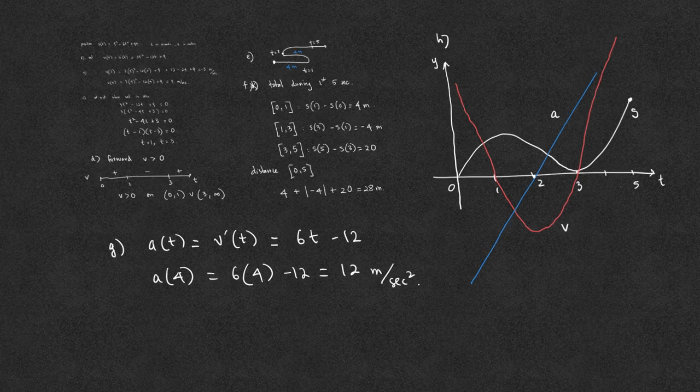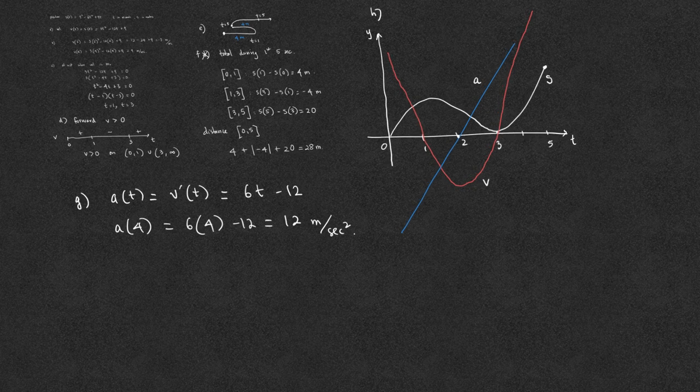And then lastly, when is the particle speeding up and when is the particle slowing down? The particle is speeding up when the velocity and the acceleration have the same sign. We can do a sign chart.